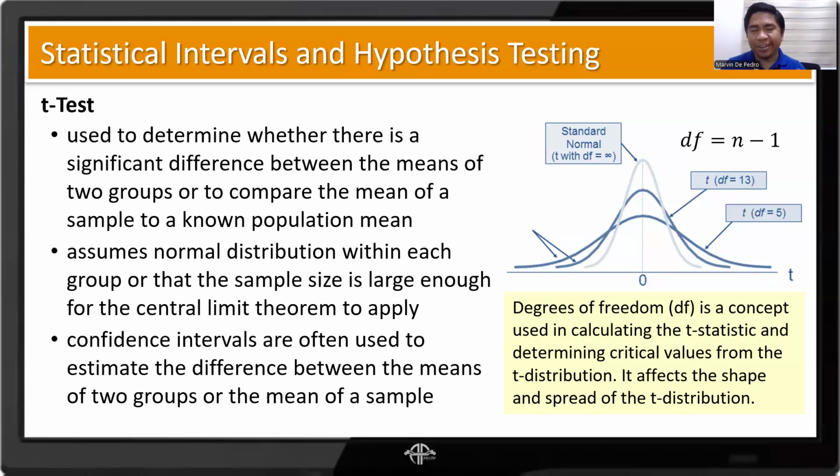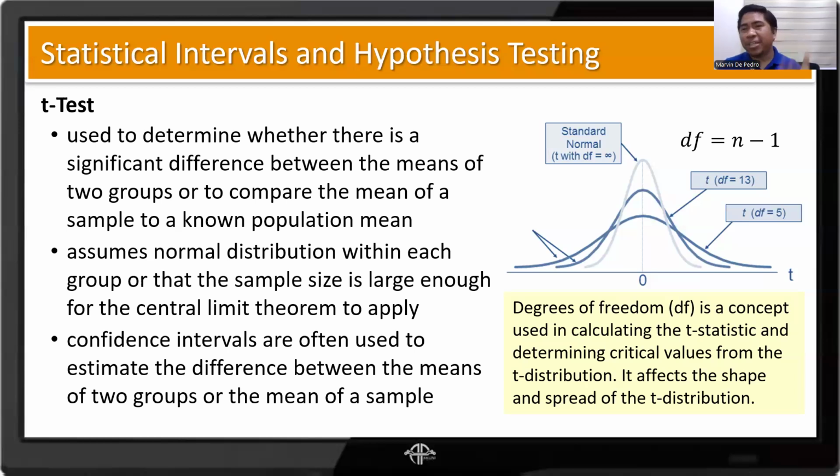But the z-test is generally easier, beginner friendly, while the t-test is quite complicated. One of the things that makes it complicated is the introduction of the term degrees of freedom, a concept used in calculating the t statistic and determining the critical values from the t distribution. It affects the shape and spread of the t distribution because the degrees of freedom is just the sample size minus one.